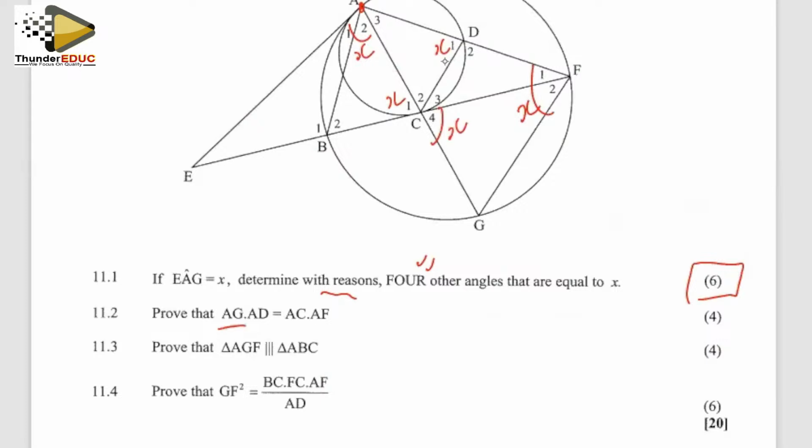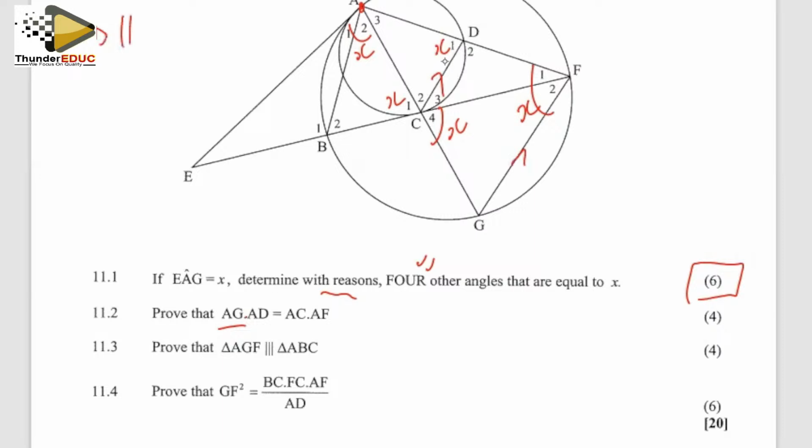Then can we prove that AG times AD is equal to AF times AC? So what we need to know is that since D1 is x, which is the same as AFG, it simply means that these two lines are going to be parallel.